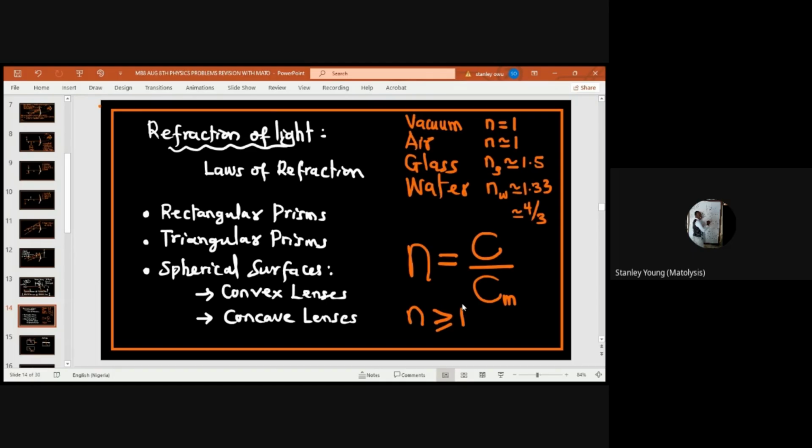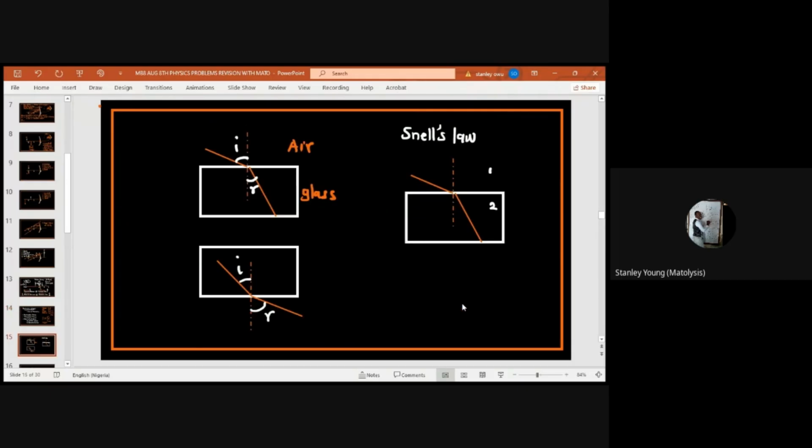So in other words, glass has the highest optical density among these four things I listed here, followed by water, followed by air, and the smallest value is the reference, which is vacuum. Please take note of that. When it comes to refraction, a ray can travel from a less dense medium to a denser medium, like air to glass.